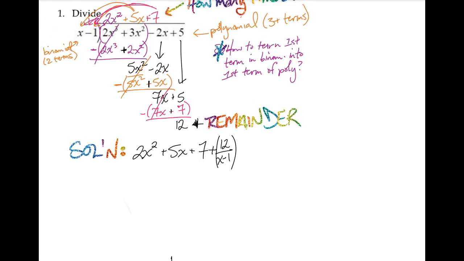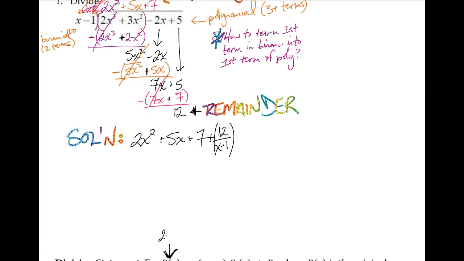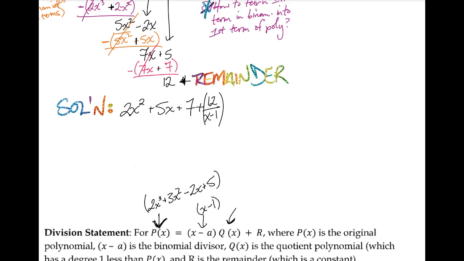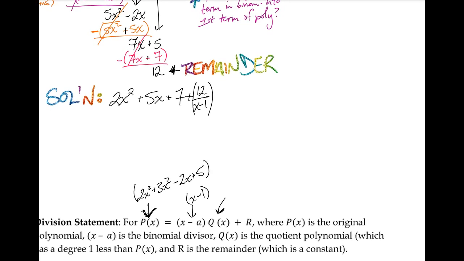So that would have been 2x cubed plus 3x squared minus 2x plus 5. x minus a in this case would have been my x minus 1, my binomial that was doing the dividing. q(x) is going to be my answer at the top, not including my remainder.